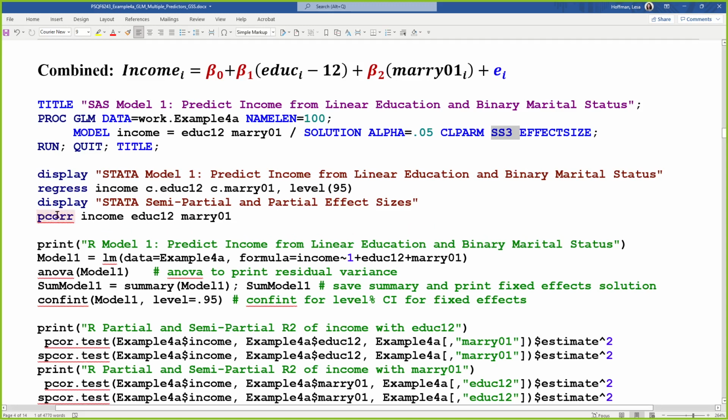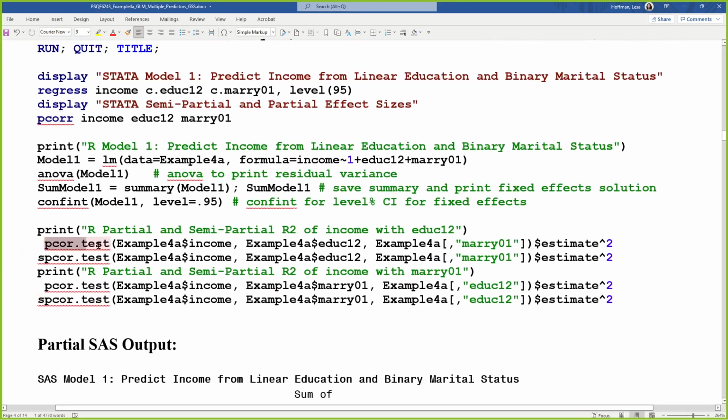Likewise, in Stata, pcorr. This spits out partial and semi-partial correlations and correlations squared in one nice little table. And in R, I found pcor.test for partial correlations and spcor.test for semi-partial correlations.